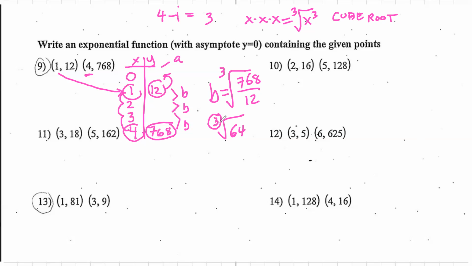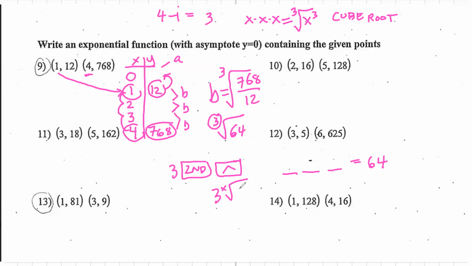Press 3, then the second button, then the power button, which is the caret button on the far left of your calculator. It will display the little third root on your display. Type in 64, and this tells you what number you multiply 3 times to get 64. It's 4.